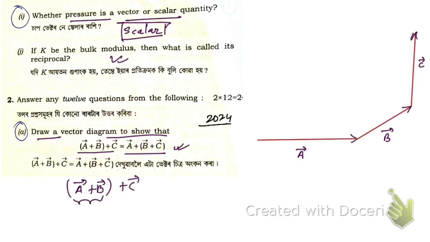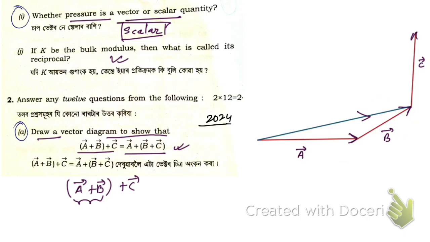First let us find a resultant of these two. So you know, according to triangular law of vector addition, these two, A and B, are in the same order, and if you complete this triangle and take this side in opposite order, these two are in this order, A and B, and this is in opposite order like this.